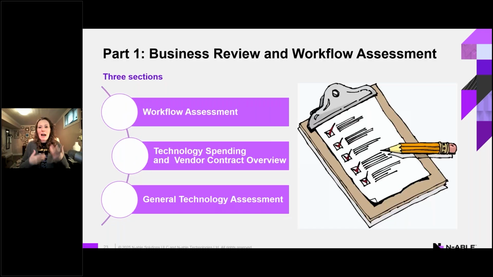So looking at how you complete this part of the assessment process, there's a couple of parts. The first is that workflow assessment, so that we can get an understanding of the critical end users, how they interact with and utilize the technology in their day-to-day function, and gain an appreciation around the impact that any sort of downtime has on their deliverables to the organization.